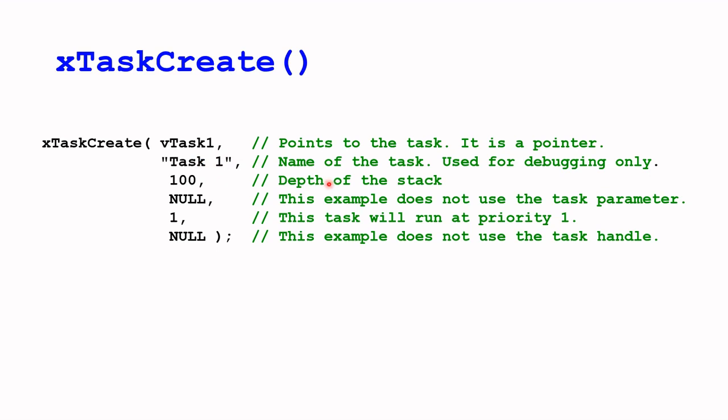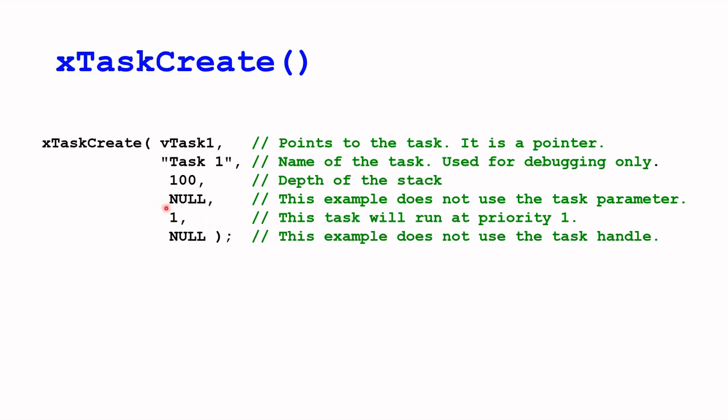Next comes the depth of the stack, or the size of the stack. Here I've just chosen 100. I think it should be enough. And then the next one is the task parameter, and because in this example we are not using the task parameter, we leave it as NULL.